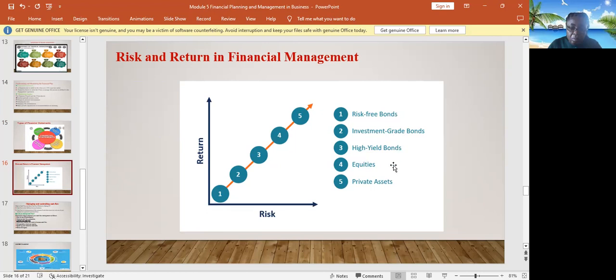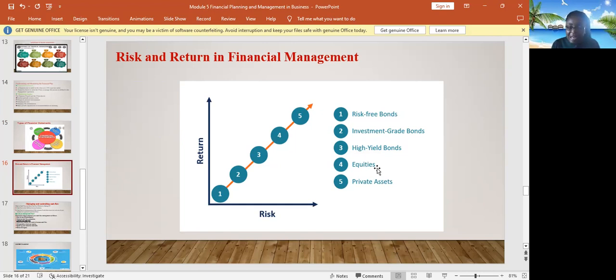When you get to the top, you are making more. The higher the risks you take, the higher the profit, the maximum output you make.